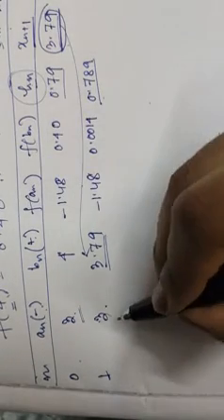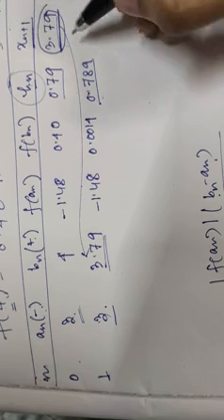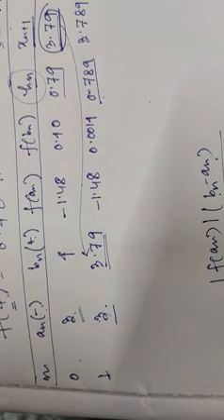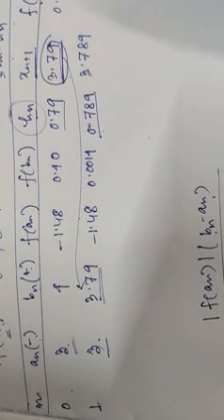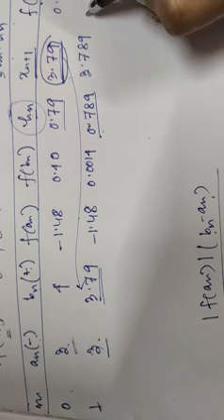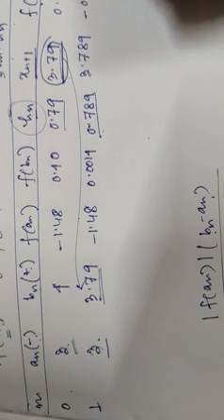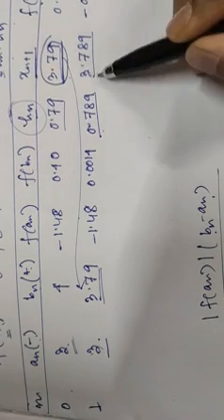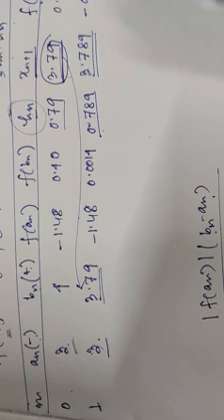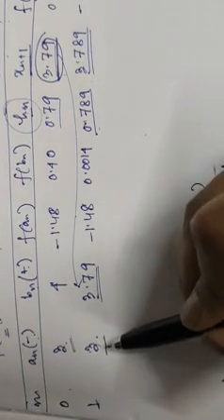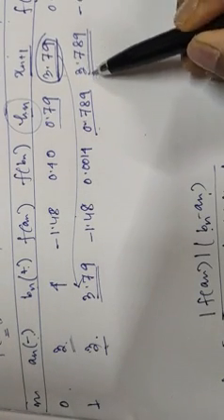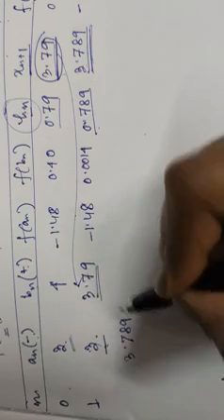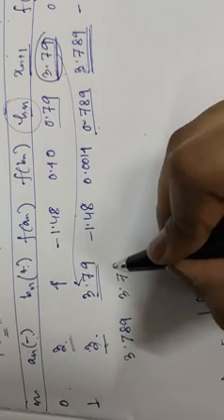Then this plus this is our xn plus 1, that is 3.789. Now f(xn plus 1) gives the value minus 0.00052, which is negative. That means this xn plus 1 will replace the negative term, that is an. So our new an will be 3.789, and bn will be the same.